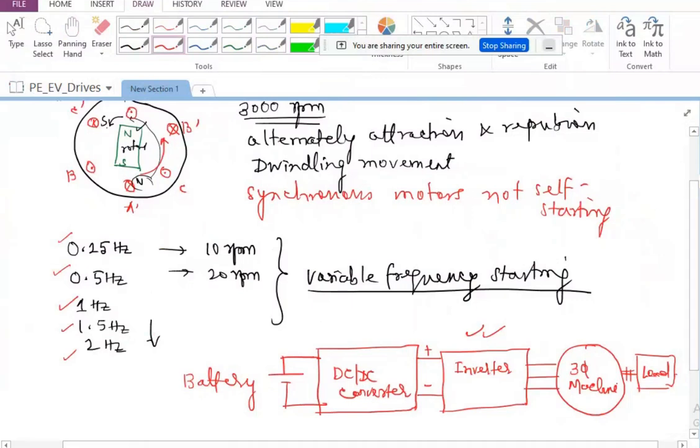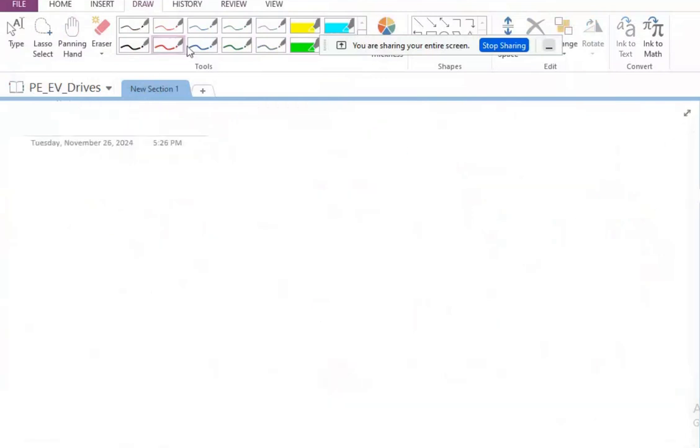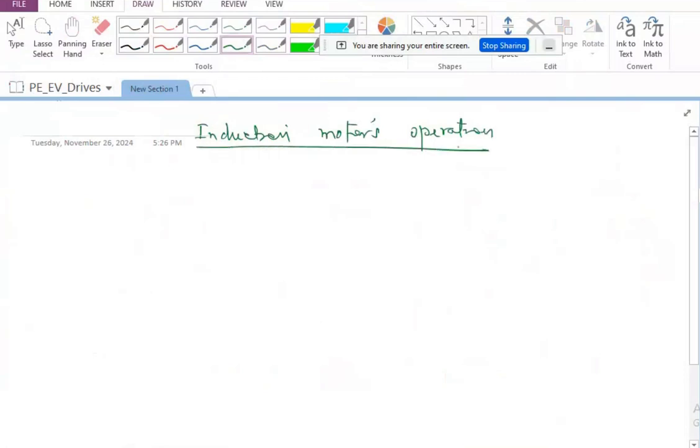Whereas in an induction motor, if I try to look at the induction motor's operation, what happens is, I have the stator winding, which is sitting here.